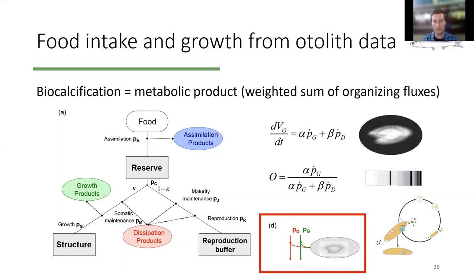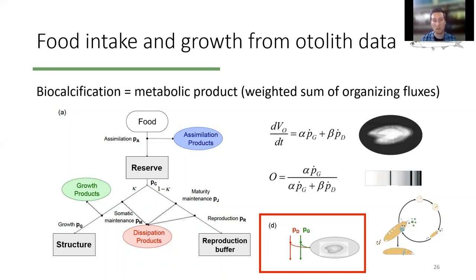And the assumption that is made here is that when there is growth in the organism, it will leave, here in the image, a wider color, or a more opaque part of the otolith.